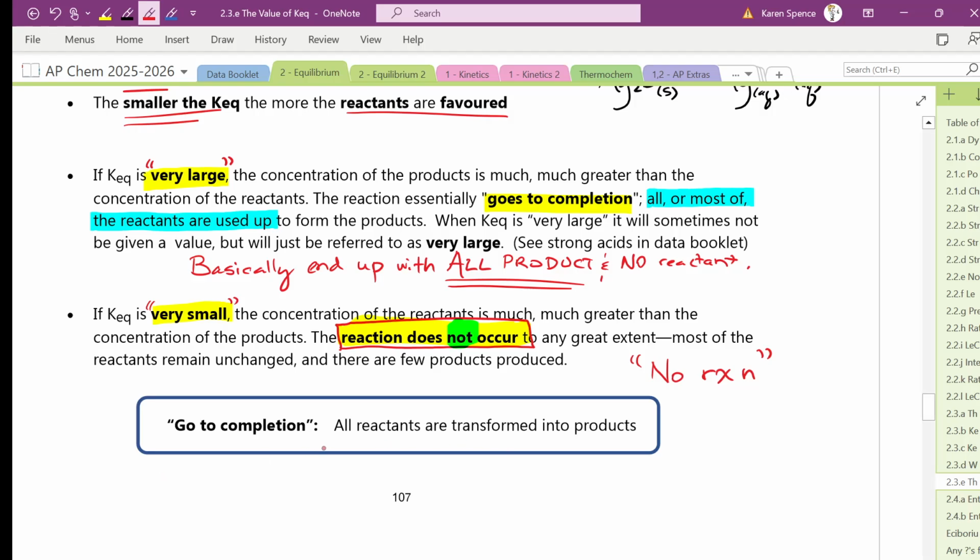So go to completion, all reactants are transformed into products. No reaction, none of the reactants are transformed into products.